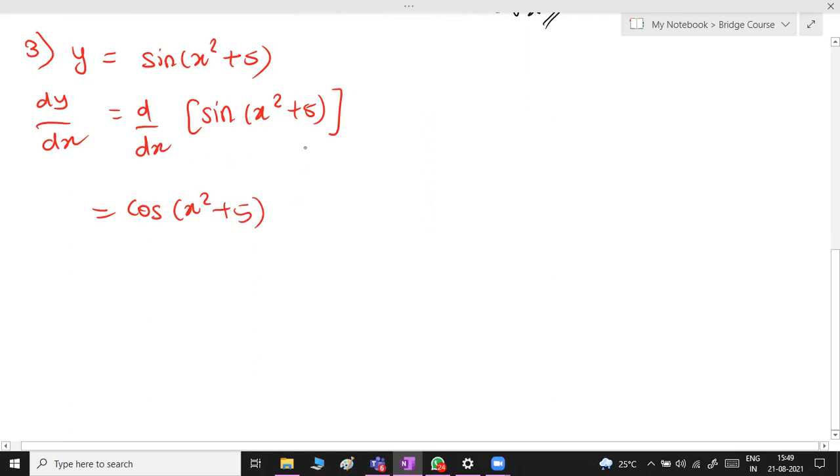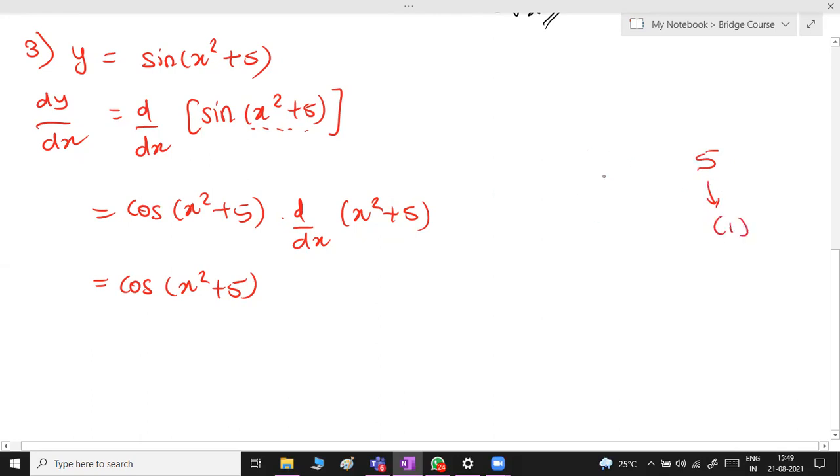ठीक है. But ये भी part differentiate करना भूलना नहीं. So into d by dx of x square plus y. So here it is going to be cos x square plus y into what is differentiation of x square plus y. So it is nothing but एक constant का differentiation, y का differentiation, constant का differentiation तो 1 हो जाएगा. ठीक है. x square is nothing but x raised to n, which is equal to nx raised to n minus 1.